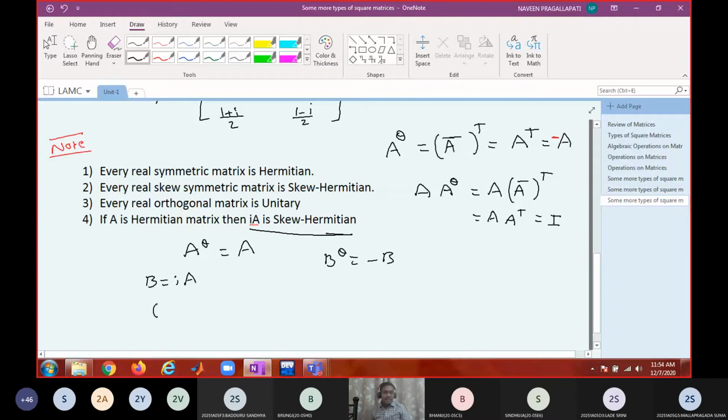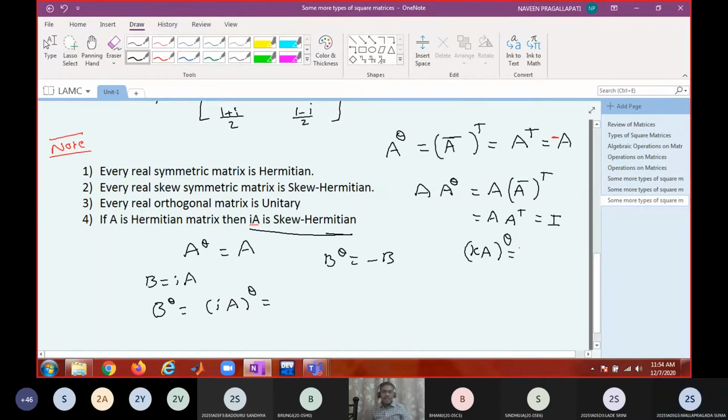But what is B? B is iA. So (iA)^θ, what is (iA)^θ? i into A, a constant into A^θ, transpose. Wrong.